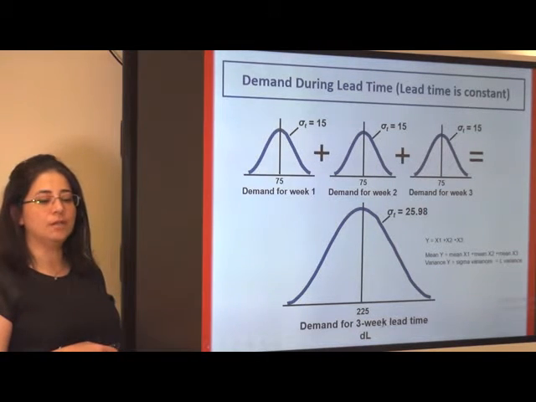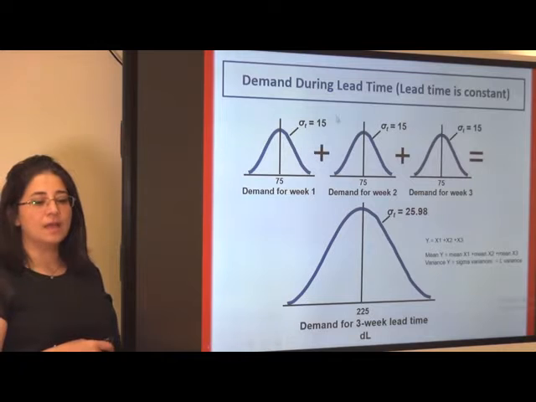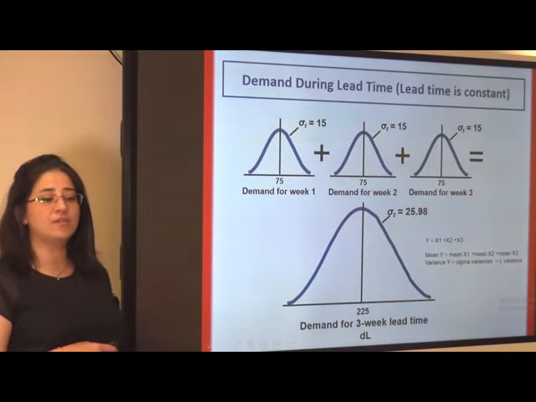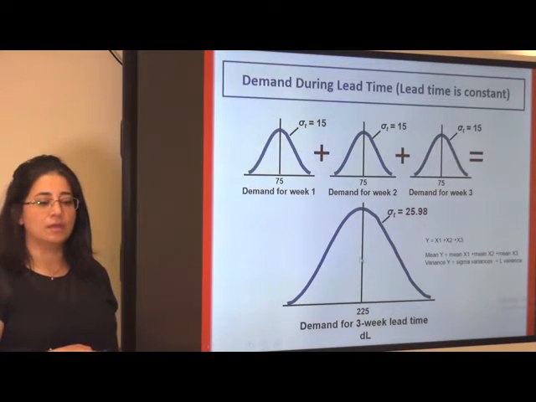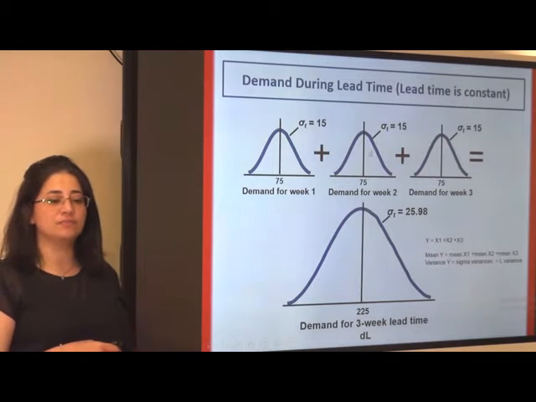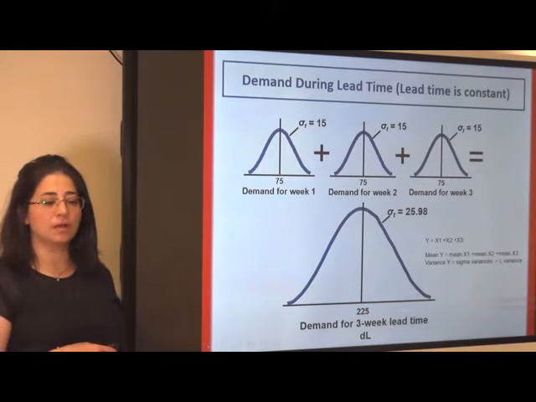Okay? So here, the average demand during lead time is 75 plus 75 plus 75, which is demand multiplied by L. And the variance of demand during lead time is 15 squared multiplied by 3.